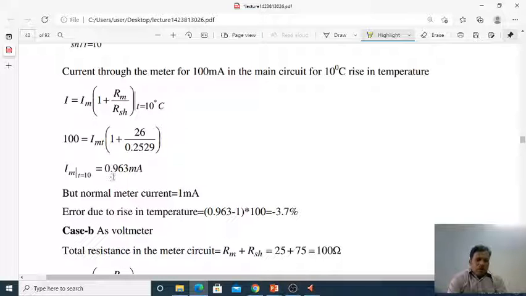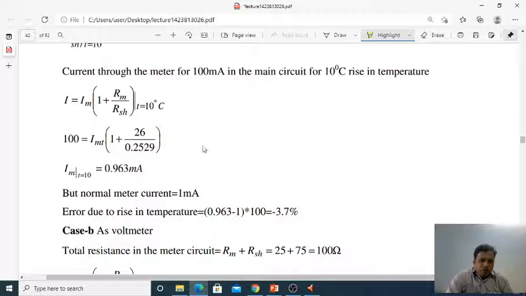So this value is 0.93 milliamperes, but the normal meter current is 1 milliampere. So the error due to the rise in temperature is 3.7%. While the temperature rises, the resistance changes, the current also changes, and therefore the error is 3.7%.